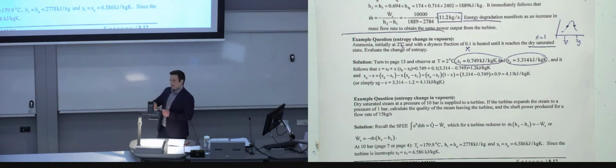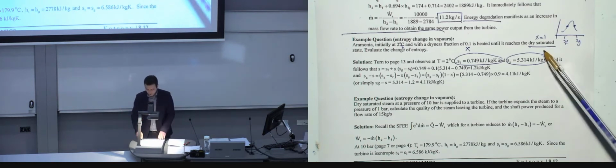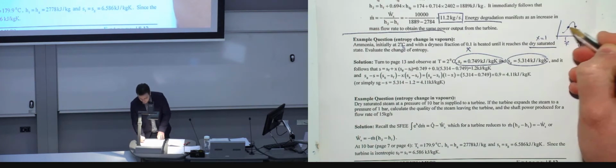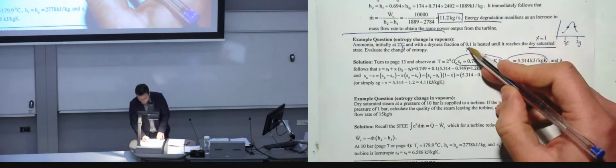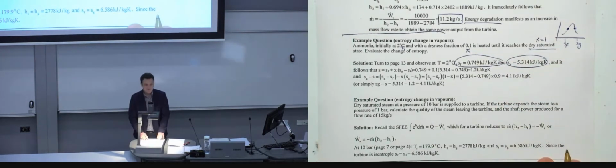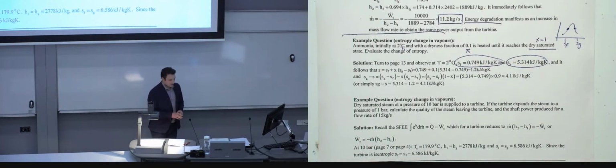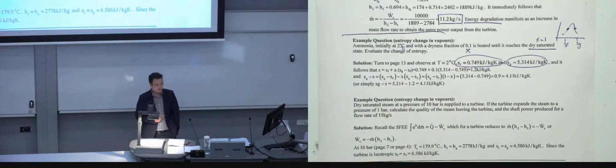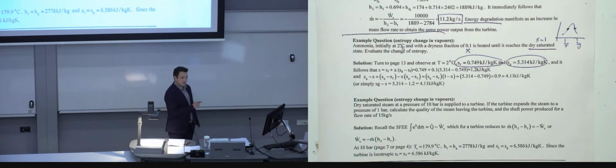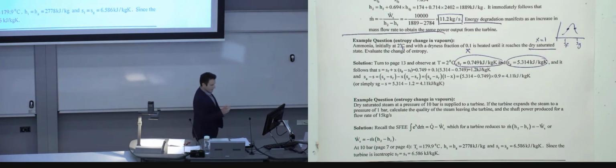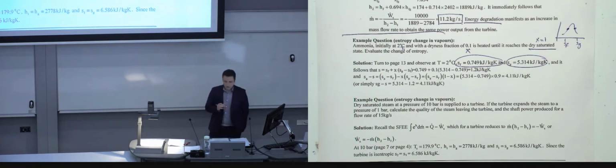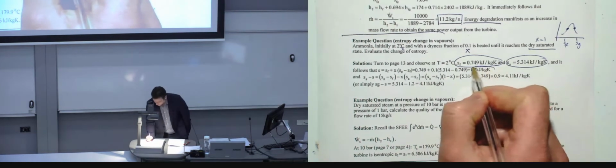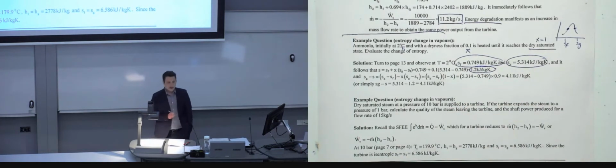You know that in the second case you are at this point, but you don't know where you are along this line. You know you're at 0.1, but you don't know the value of entropy for that point. So you use the generic equation for X, the dryness fraction, but the one related to entropy, and then you find your entropy at that point. That is your S at 0.1.